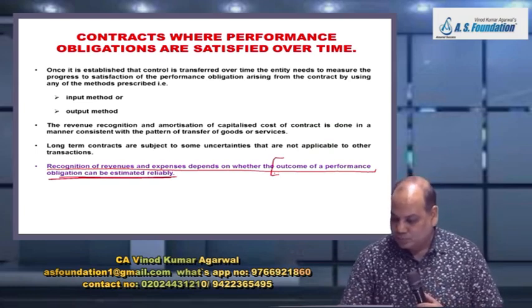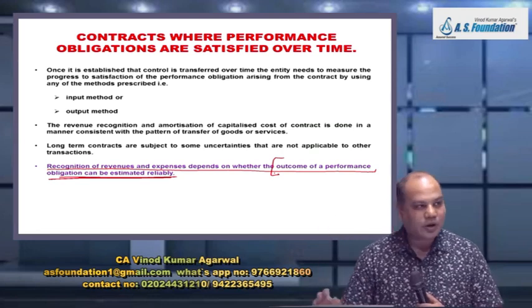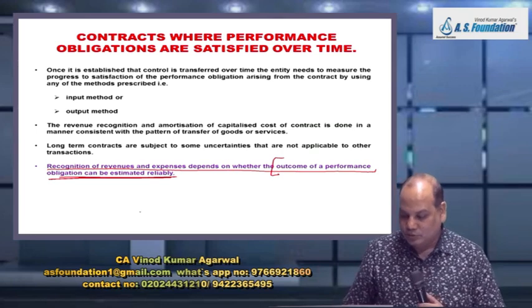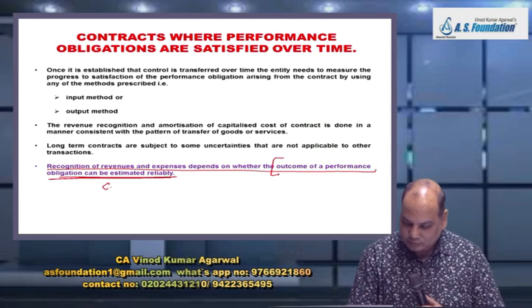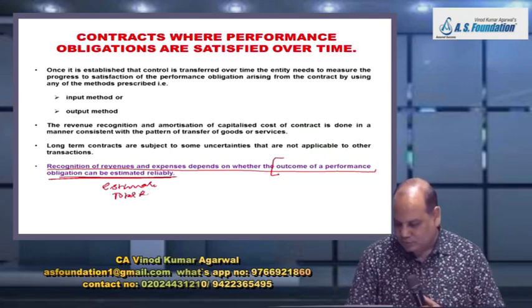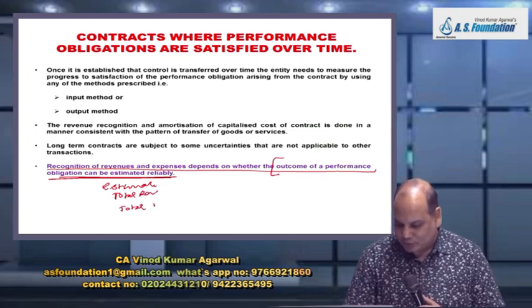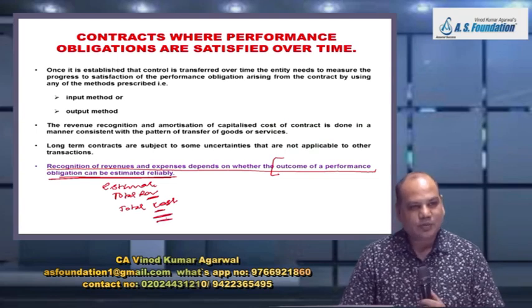That is called prudence. Can you estimate the outcome of the contract reliably? What is that outcome of the contract? It means, can you estimate what will be total revenue? Can you estimate what will be total cost? Revenue minus cost will give you estimated profit.